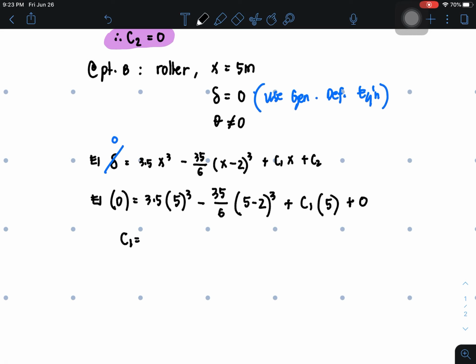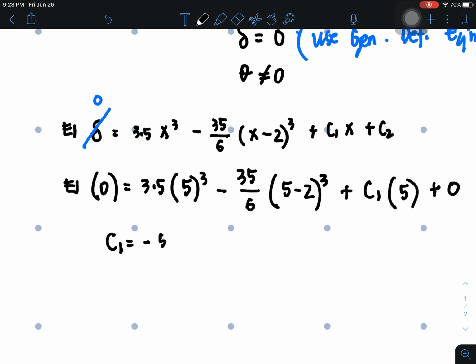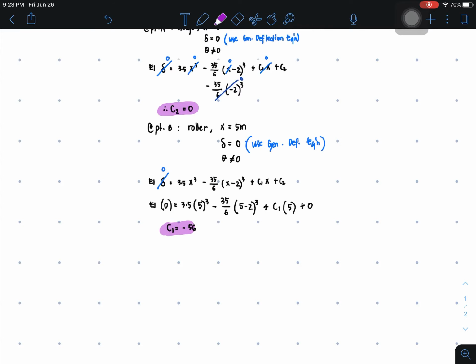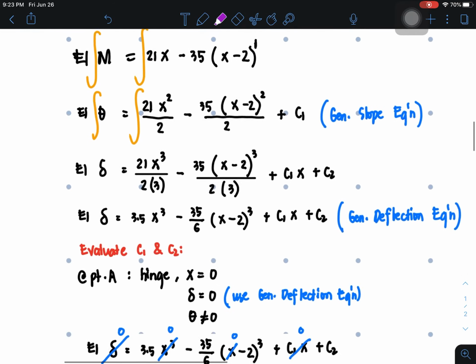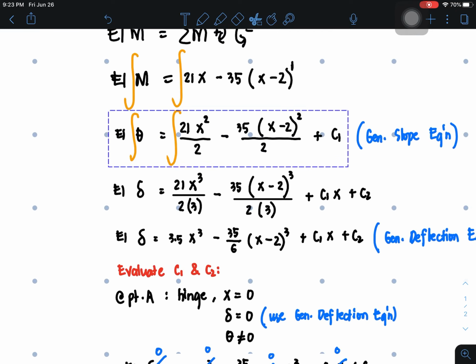So our C1 is negative 56. So right now, we have the values of C1 and C2. What we will do is rewrite the whole thing.